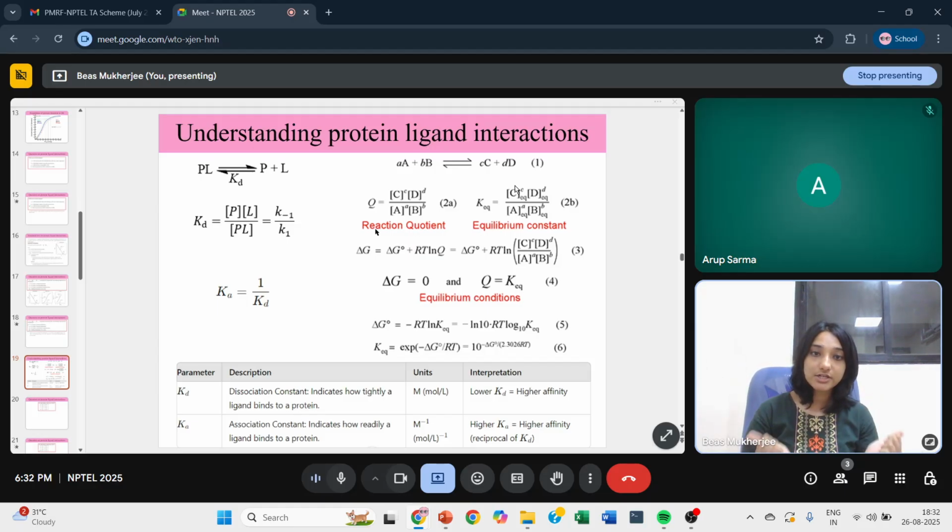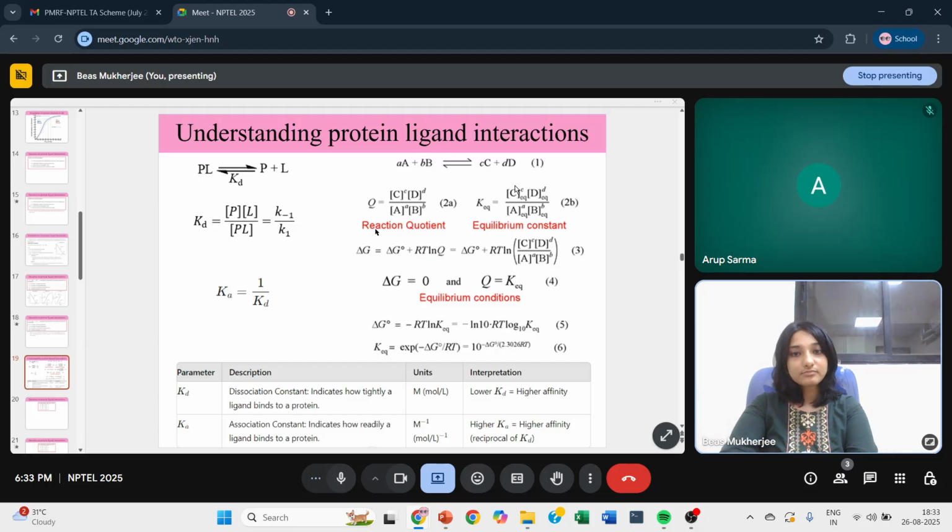So these are the two conditions for equilibrium, and then we get delta G naught is equal to minus RT ln K. Now if you replace ln with log, then you get KEQ is equal to 10 to the power minus delta G naught divided by 2.303 RT.